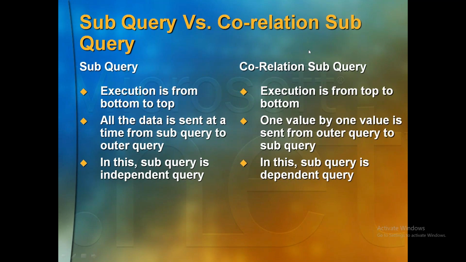So these are the two things. And a compulsory interview question: difference between subquery and correlation subquery. Subquery execution is from bottom to top. Execution is from top to bottom in the correlation subquery. In a subquery, all the data is sent at a time to the outer query. In a correlation subquery, one value by one value is sent from the outer query to the inner query. A subquery is an independent query; a correlation subquery is a dependent query.